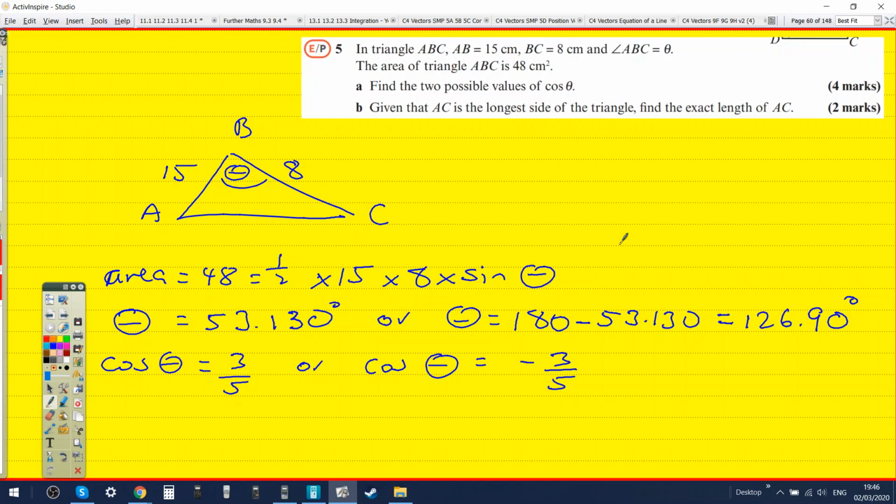Let me see though. This is a triangle, so it's not going to have a negative angle. For cosine, you do 360 minus. So it's not 180 minus, it's 360 minus original theta. There's a few different ways of doing it.